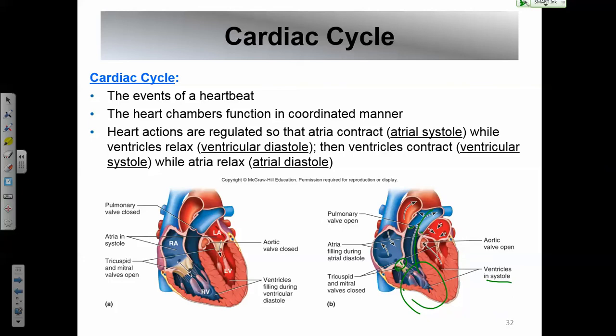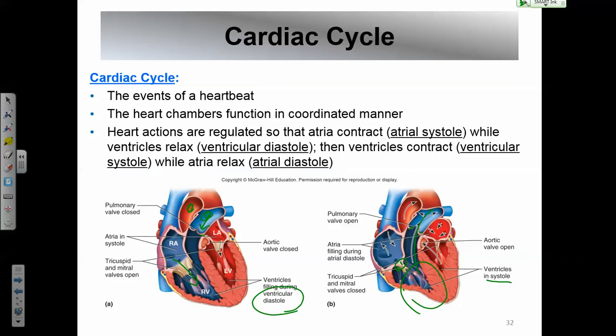But on the picture on the left, when the ventricles are in diastole and filling, blood is moving into them from the atria. Because they're not contracting, the pressure up here has lessened and the blood can backflow a little bit. That causes the semilunar valves to close.